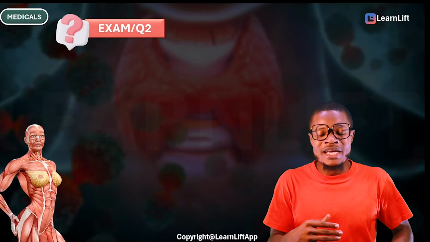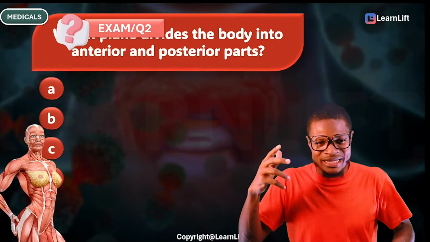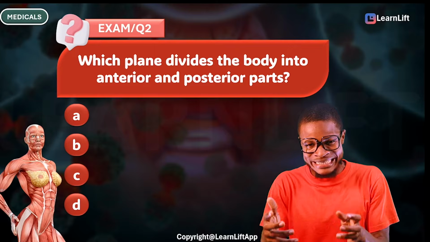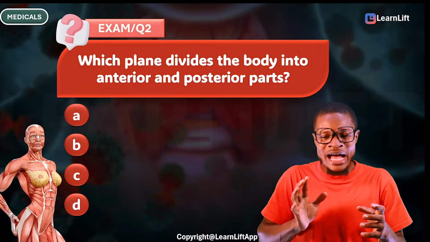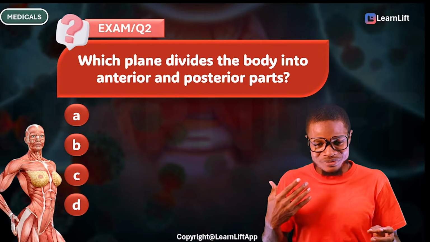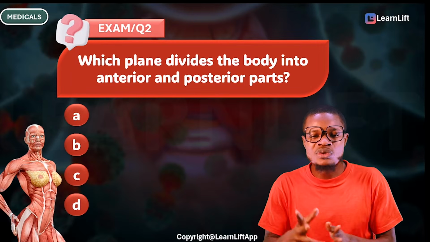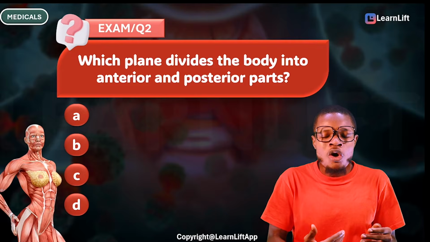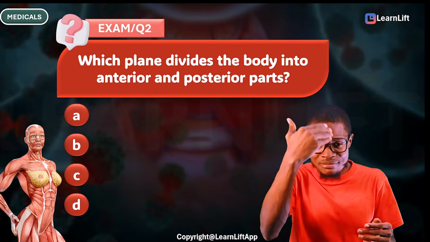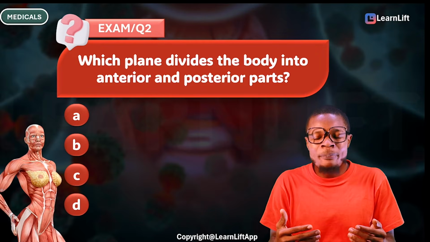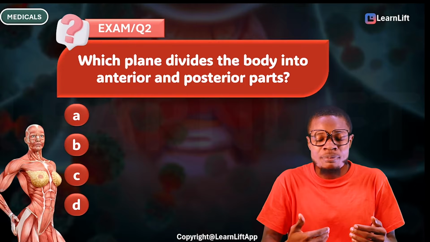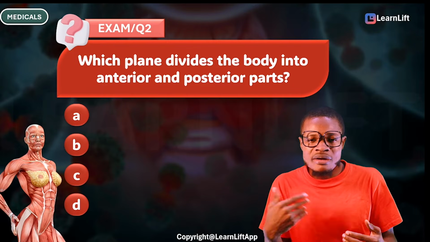Look at question 2. In our beautiful question 2, the question says, which plane divides the body into anterior and posterior? Under the planes of the body, we focused on 4 major planes that we have to know. The first is called the median plane, or the mid-sagittal plane, or the median sagittal plane. That median plane divides the body into 2 equal halves, which is the right and the left.